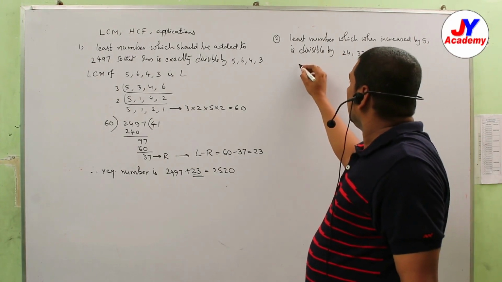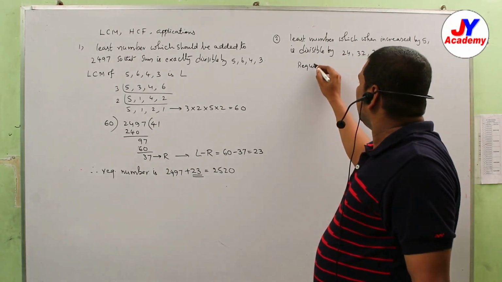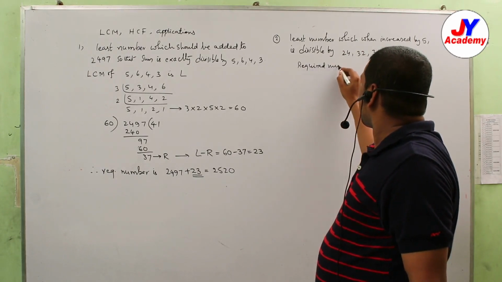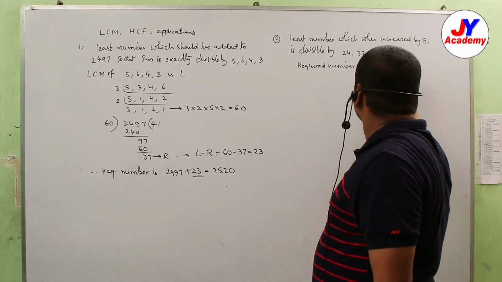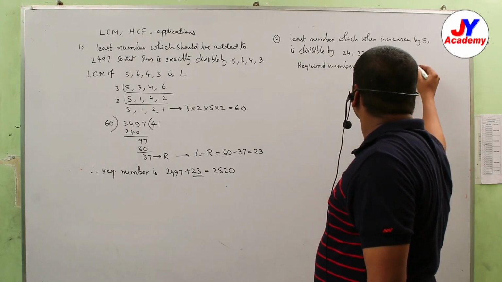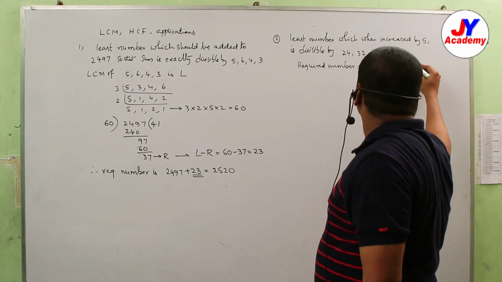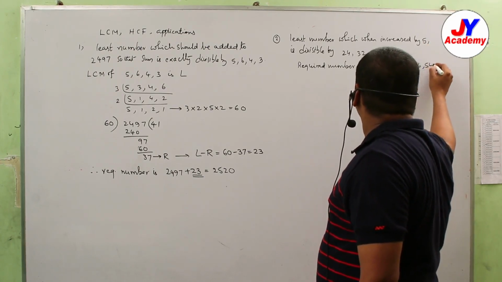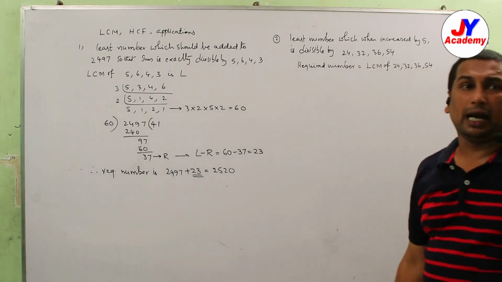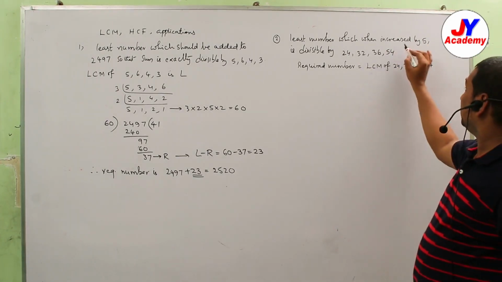So what is the required number? That is the LCM of 24, 32, 36, 54. See, what least number increased by 5.